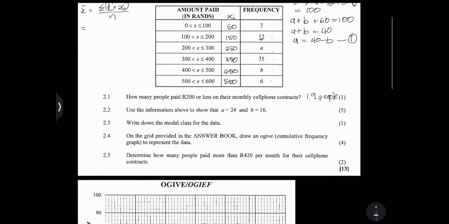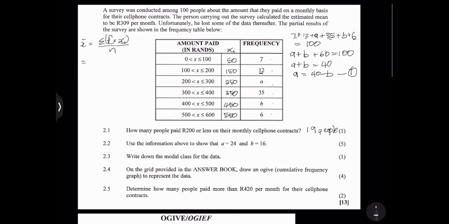So if I'm going to take the mean, that would be 50 multiplied by 7. Please remember, we take the frequency multiplied by the midpoint of that interval.